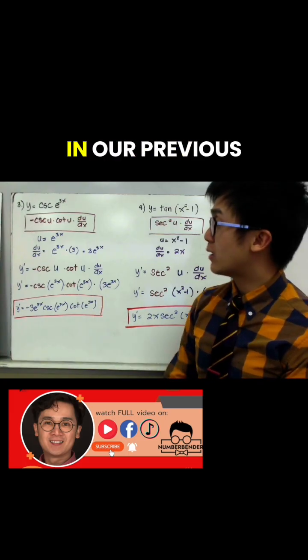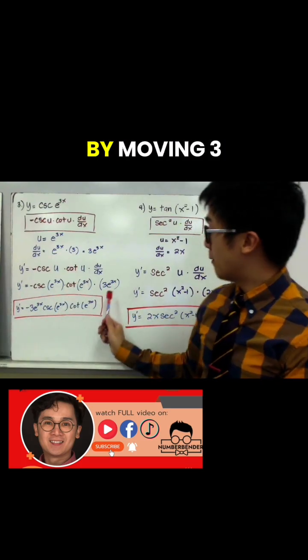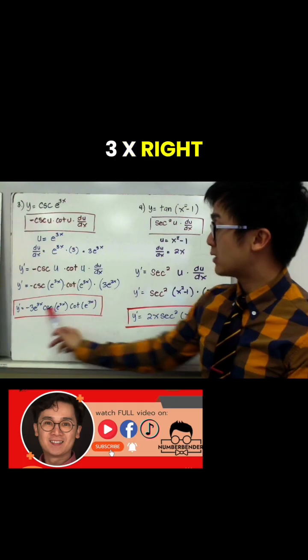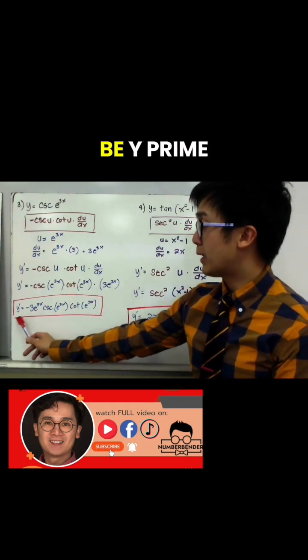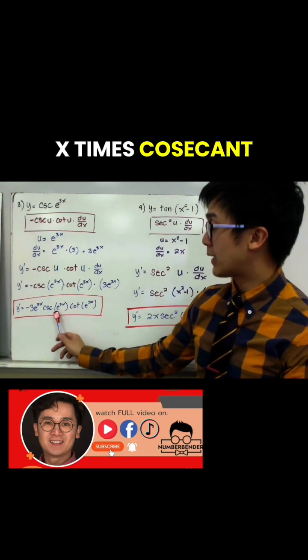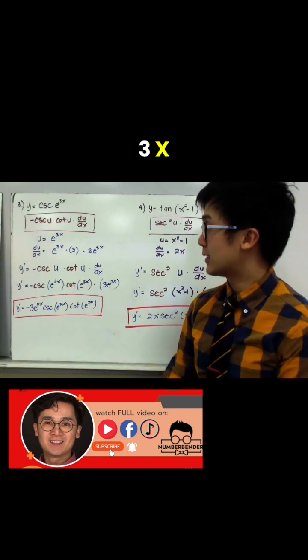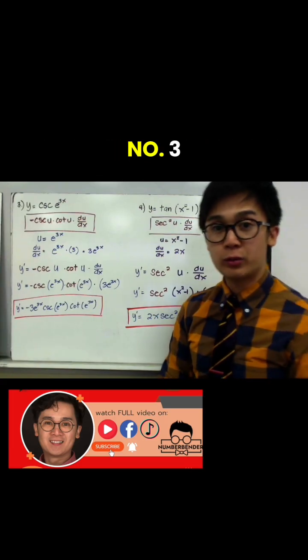And just like what we did in our previous examples, we can simplify our y prime by moving 3e to the 3x right here at the front. So it will be y prime equal to negative 3e raised to the 3x times cosecant e raised to the 3x times cotangent e raised to the 3x. And that's the derivative of problem number 3.